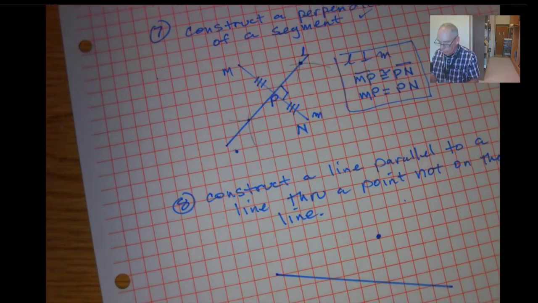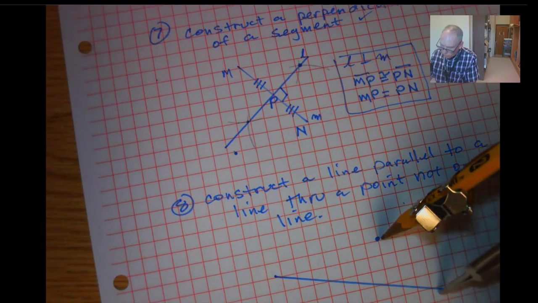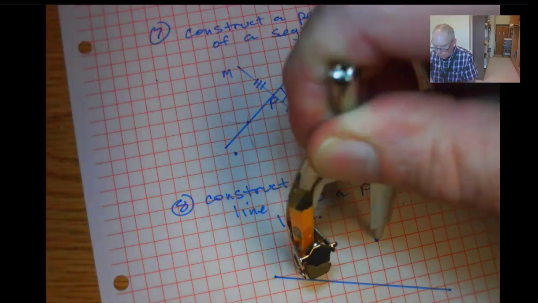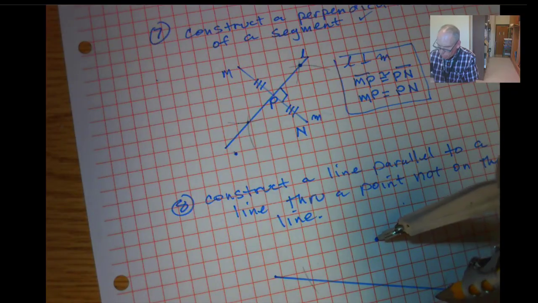So there's my line and my point that my parallel line needs to go through. The first step is to construct a perpendicular from that point to the line. That's like the construction we did before. I set my compass at some radius that's going to hit the line, and I strike an arc on either side.